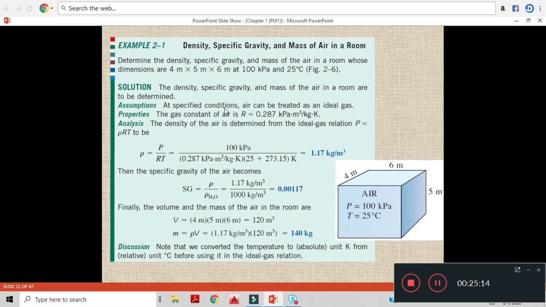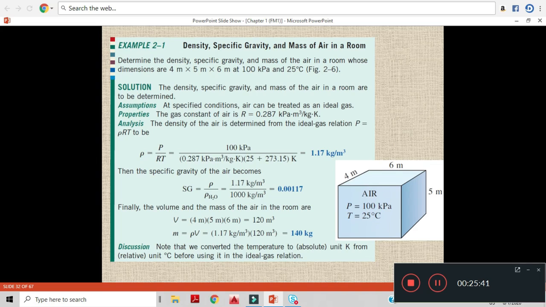So we have to find out the mass. To find out the mass, we know the density, and if we know the volume, we can easily find the mass. So the volume we can calculate by using this, because we know that whatever the shape of the container, the gas occupies the whole space.